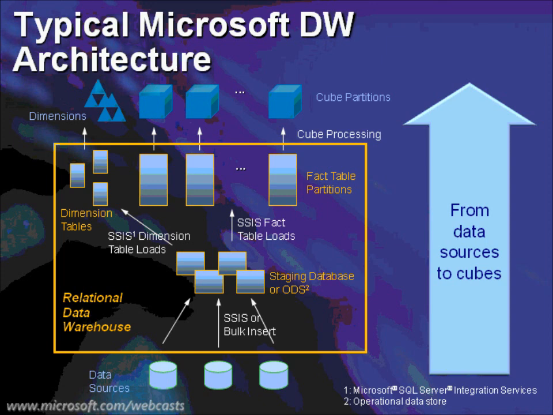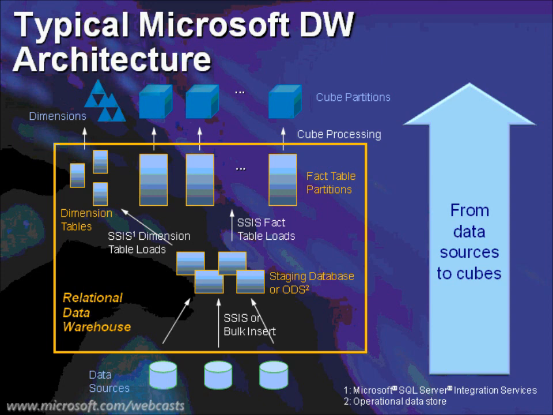Here is a diagram of a typical data warehouse architecture based on the Microsoft tool set. You'll see that at the bottom we have our data sources. We migrate data from those data sources into staging databases or an operational data store, sometimes called an ODS. From there we load the data into our dimension tables and fact tables, which make up the relational data warehouse.